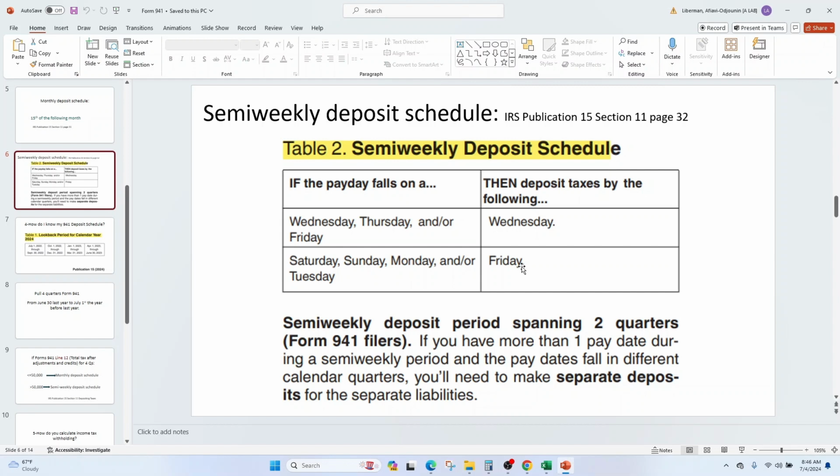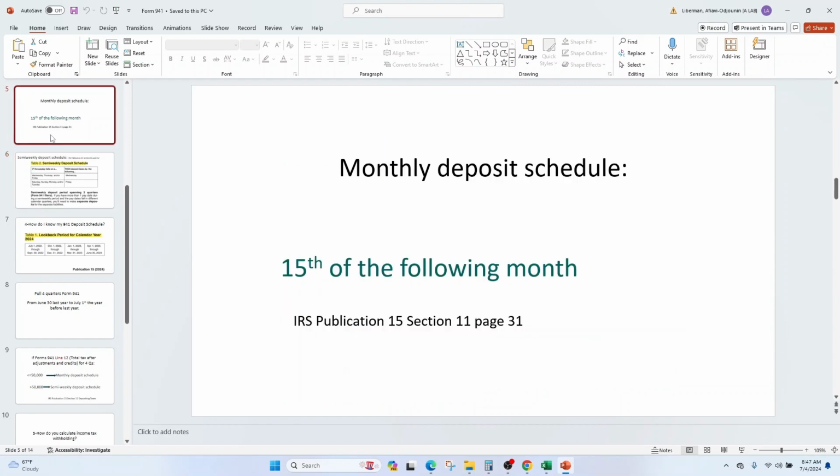But if you are a monthly depositor, if your look back is equal to or less than $50,000 for those four Form 941 line 12s, then you are a monthly depositor. You will make your deposit by the 15th of the following month.